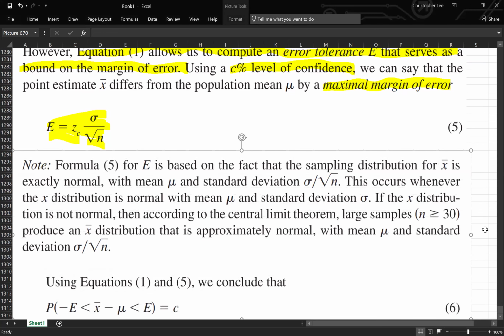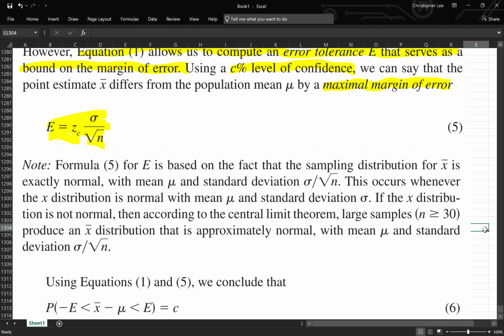All right, so take a note. Formula 5, which is this one right here. The formula for E is based on the fact that the sampling distribution for X bar is exactly normal, with mean mu and standard deviation sigma over the square root of n. This occurs whenever the X distribution is normal with mean mu and standard deviation sigma.